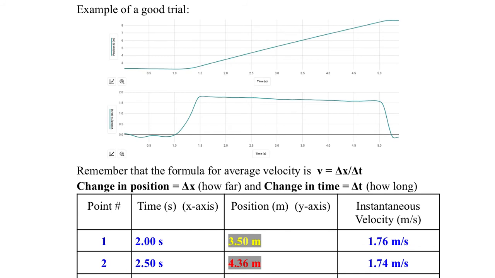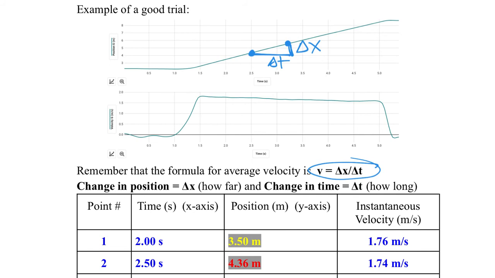Okay, so if we look at this, it's an example of a good trial. What we're looking at, again, is that rise over run. What I'm hoping you realize is that delta x over delta t equals v is something we've used before. That should be familiar.